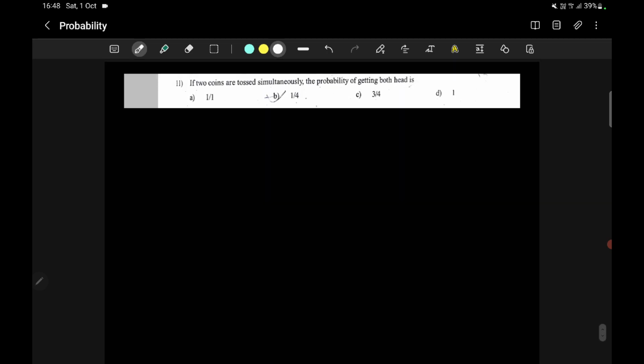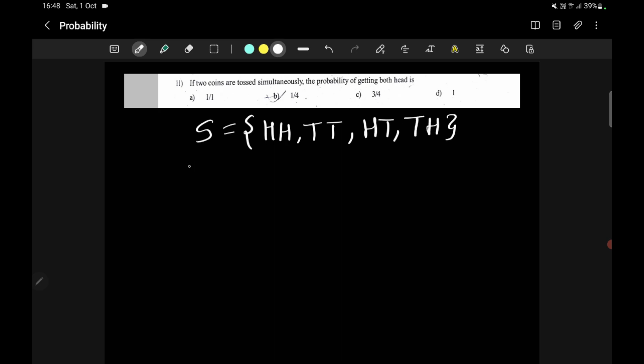Now we will solve the last problem in this topic. If 2 coins are tossed simultaneously, the probability of getting both heads. The sample space will be, if you toss 2 coins simultaneously, you will get both head, or both tail, or 1 head and 1 tail, or 1 tail and 1 head. So number of sample space is equal to 4.